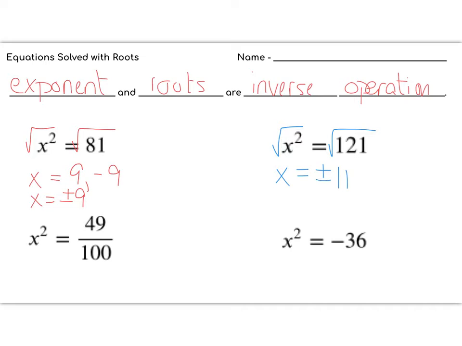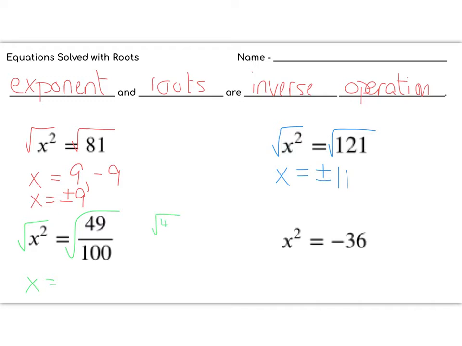Here's a fraction. X squared equals 49 over 100. The inverse operation of squaring is taking the square root. So we're going to take the square root of both sides. The square root of x squared is x. And notice that this is a fraction where the numerator is a perfect square and the denominator is a perfect square.